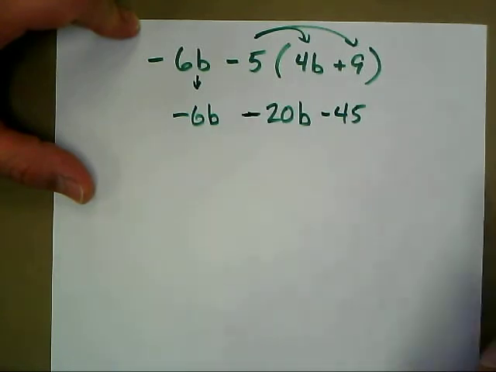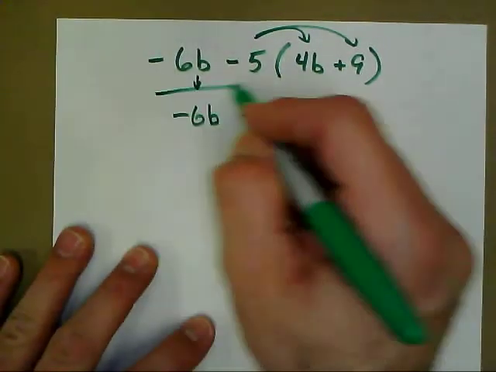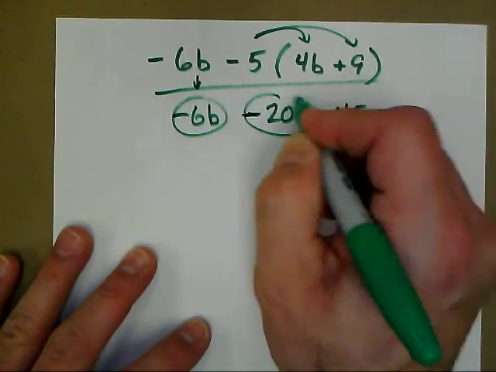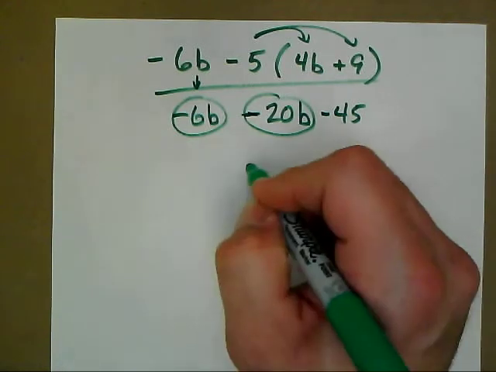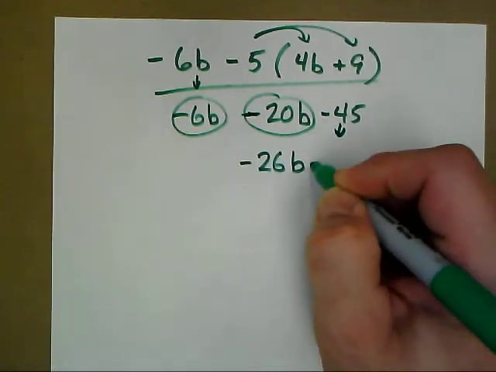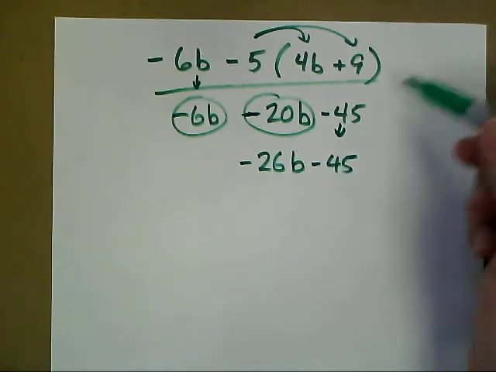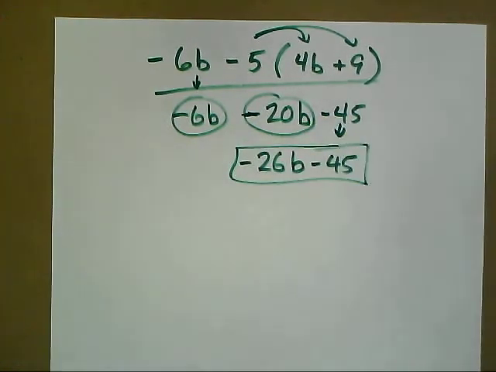We can use that negative as a minus. Now we're going to combine like terms, and we have two sets of b's here. So negative 6 and negative 20 will be combined together for negative 26b. We did not use that negative 45, and that's it. That's all we can do. We have no equal sign, so that becomes our answer.